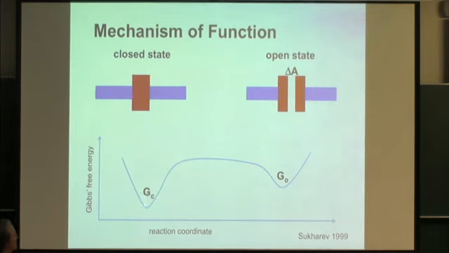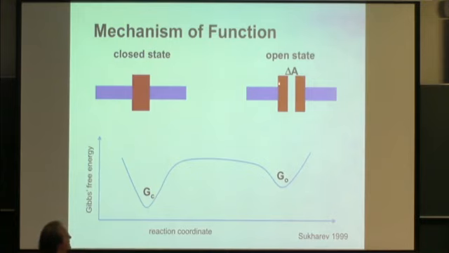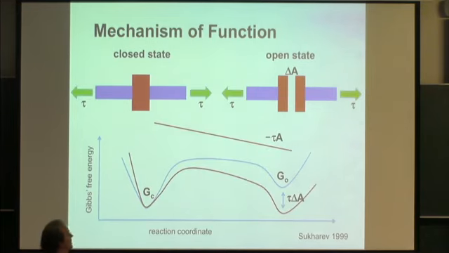Because the gate is closed, usually the closed state must have lower free energy compared to the open state. Now what you do when you pull on that membrane, you can deliver energy to the system, because in the open state, the footprint of this system in the membrane is larger. So you get an additional mechanical energy term.